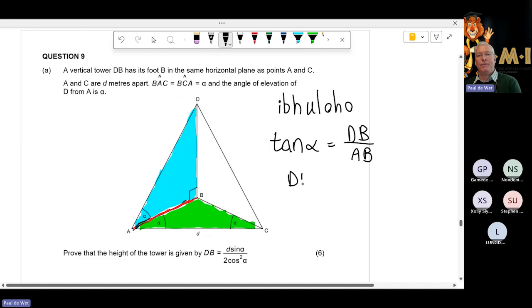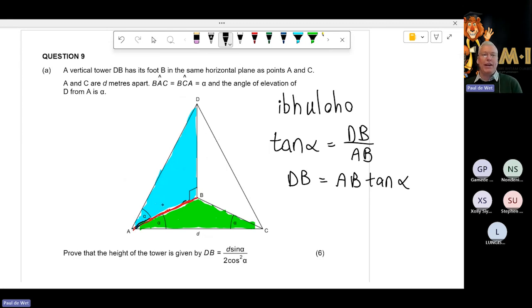So dB is AB tan alpha. Guys, even if you do that, tan alpha is dB over AB, that's correct. You're going to get some marks. But I don't know about AB.